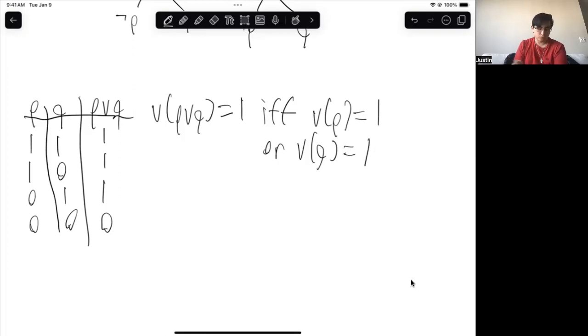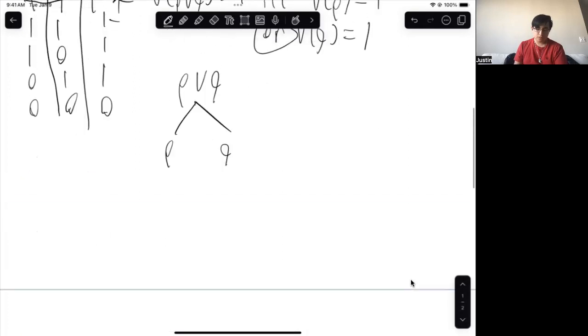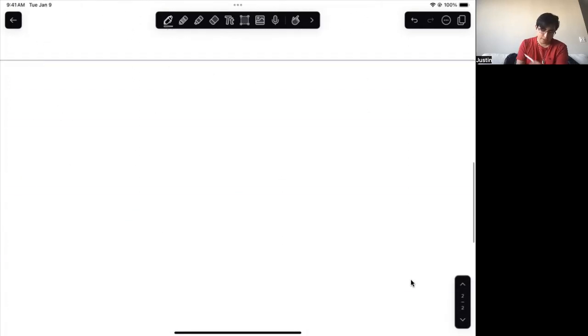And of course, it's also the case that both are true, in which case it'll just be true. Because this is an or statement, anytime you see a statement that's either this or that for it to be true, you branch. So P or Q.